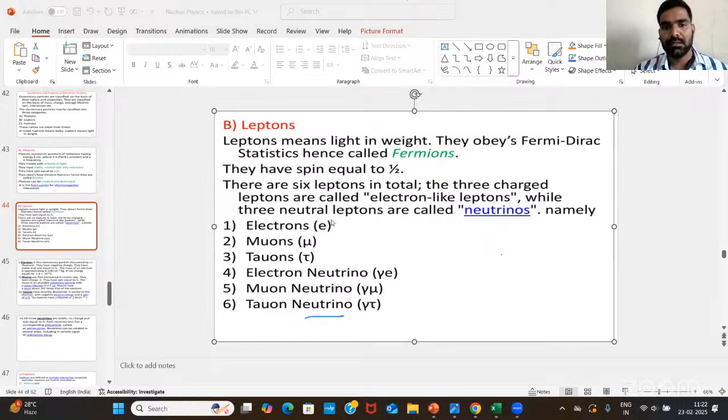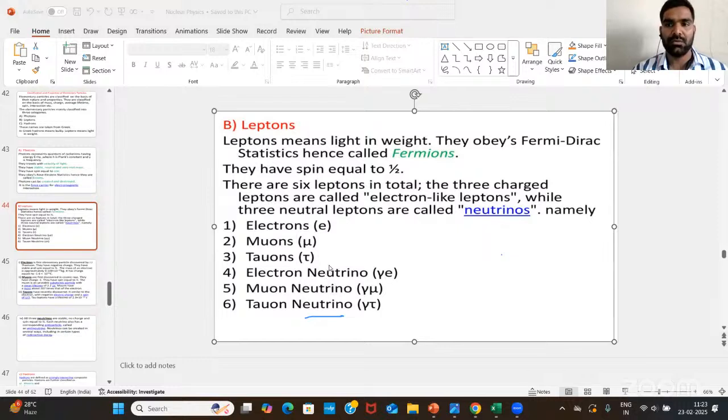These are neutrally charged. I have said electron and its neutrino: electron neutrino, muon neutrino, and tau neutrino. These are the 6 particles I explained in the earlier slides: electron and its neutrino, muon and its neutrino, tau and its neutrino. These are the classification of the leptons.